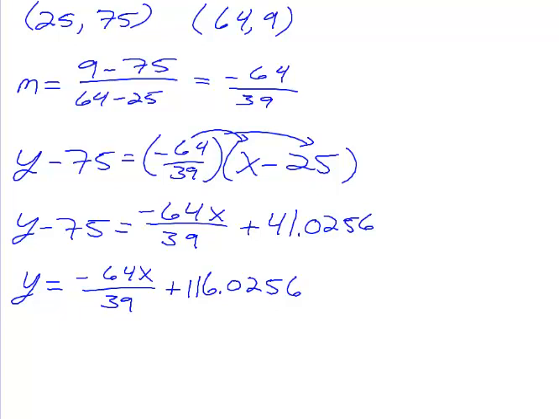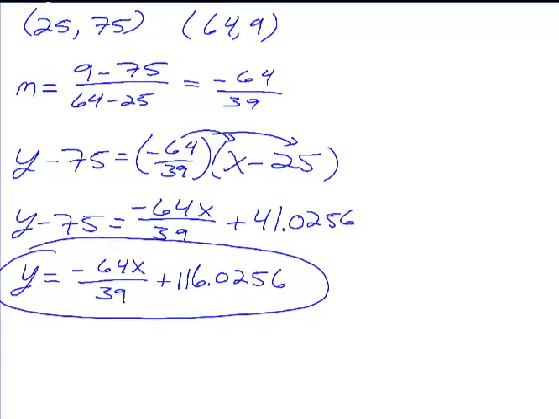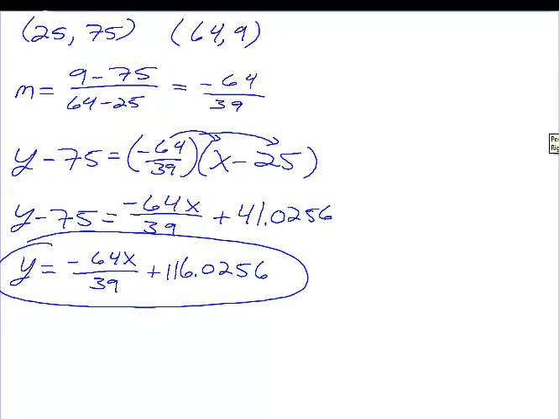All right, so here's your equation. So this is part 3 done. Part 4 is they want you to predict the y value when x equals 20, right? So I'm going to take this equation, and I'm going to plug in 20 for x.